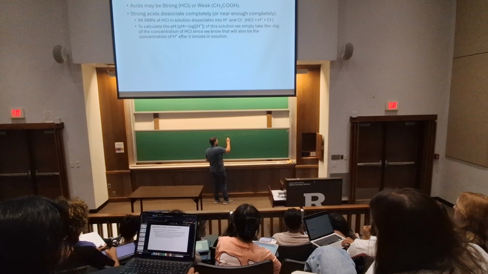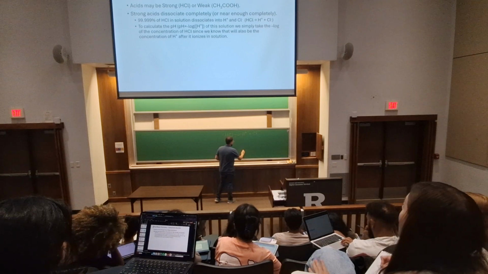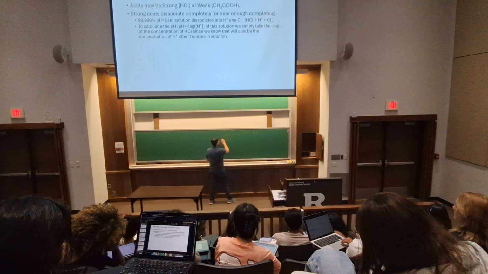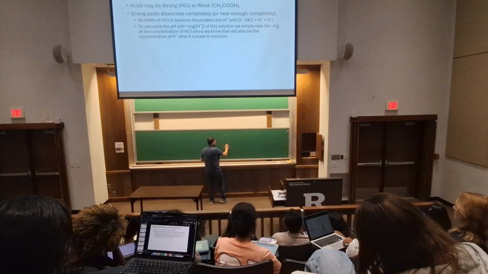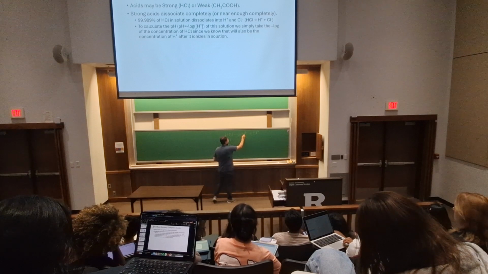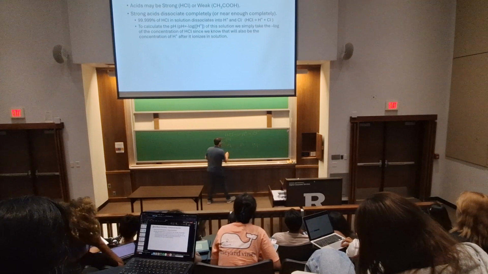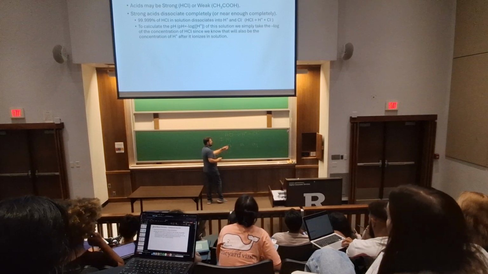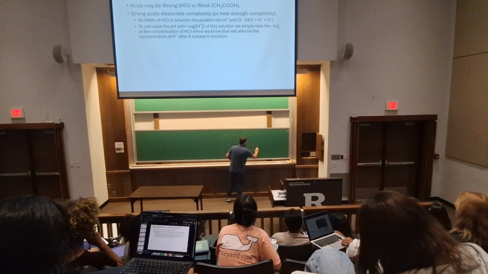So let's say we started with 1 molar HCl, right? Well now, at the end, we'll have 1 molar. So if we have our initial, our change, and our equilibrium, this goes down by that same amount, minus 1 molar, which means we get 1 molar H+, 1 molar Cl-. So at equilibrium, we have effectively 0 HCl left, 1 molar H+, and 1 molar Cl-.